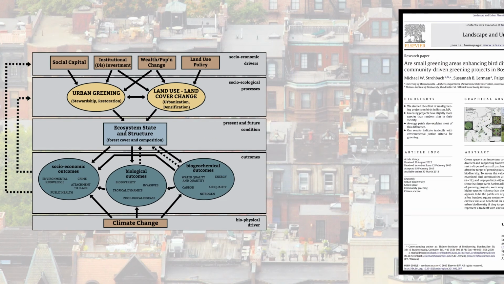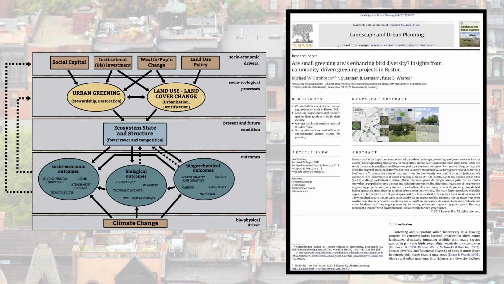Their work found that potential trade-offs existed between biodiversity and social equity for some kinds of transformations, for example, small-scale greening, but also some potential feedbacks from small-scale greening toward greater engagement in greening.